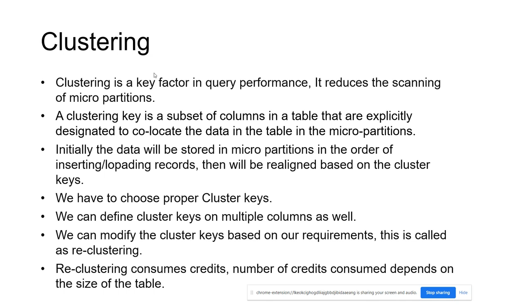As metadata of micro partitions is maintained in Snowflake, it will not scan the entire table. Now it has to go through only the micro partitions where it is holding the required data. So clustering will further reduce the number of micro partitions scanned in Snowflake, and also it will improve the performance a lot.